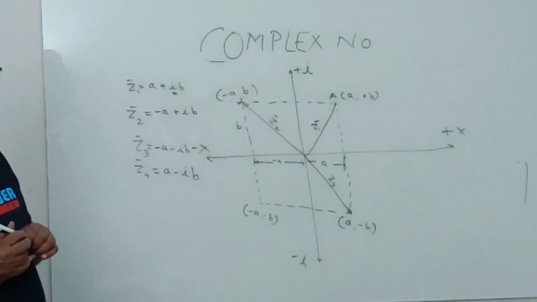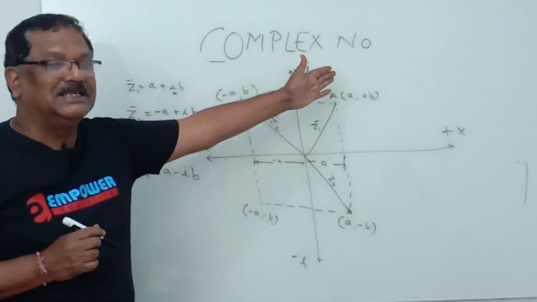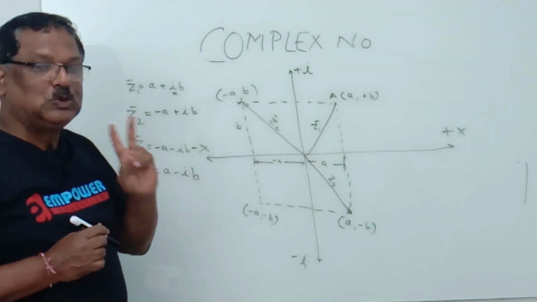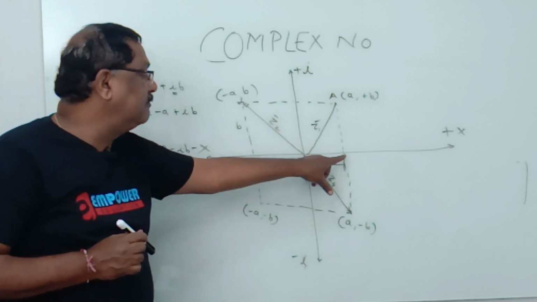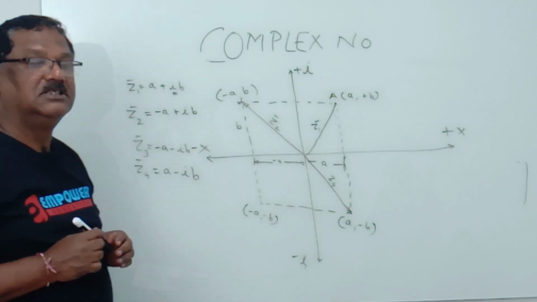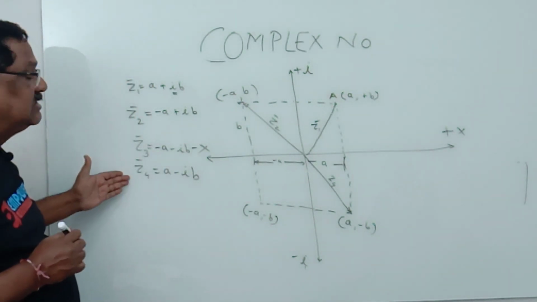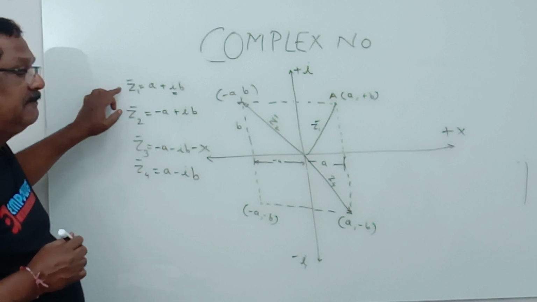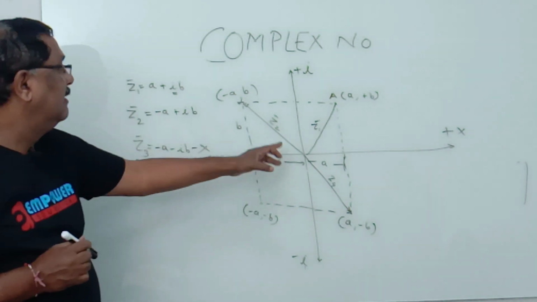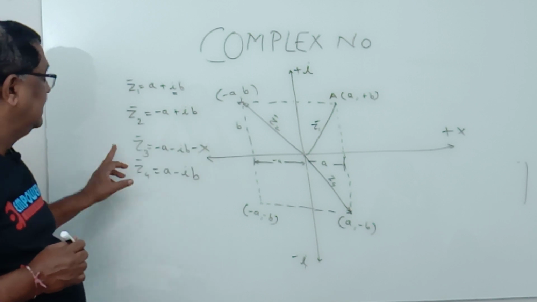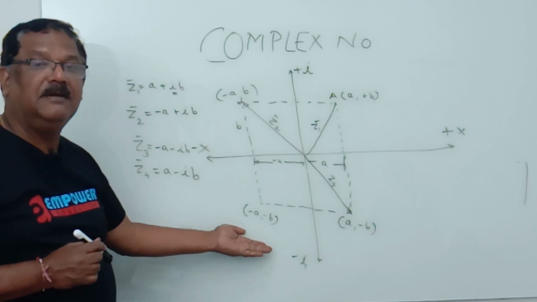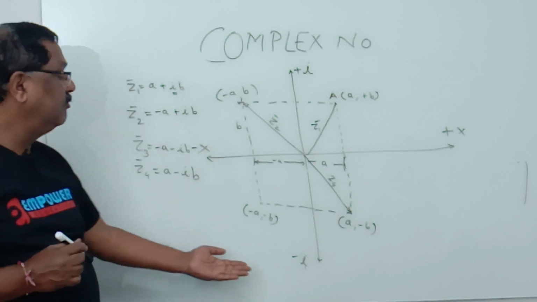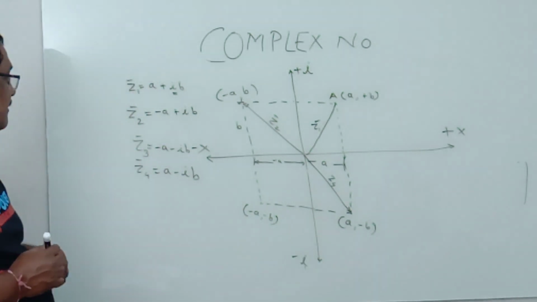So Z1, Z2, Z3, Z4 are called complex numbers. A complex number has two parts. One is called the real part, the second is called the imaginary part. And you can write as a vector Z1 bar A plus iB, Z2 bar minus A plus iB, Z3 bar minus A minus iB, and Z4 bar plus A minus iB.